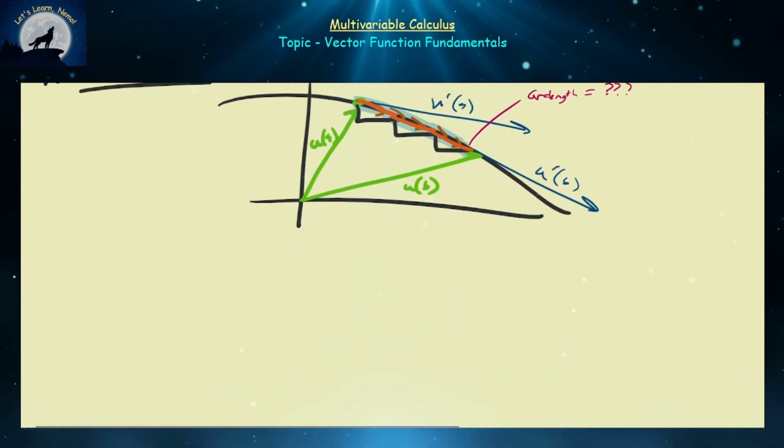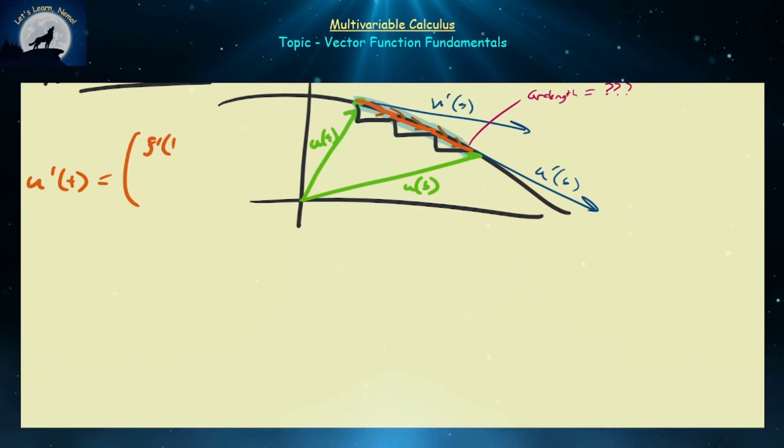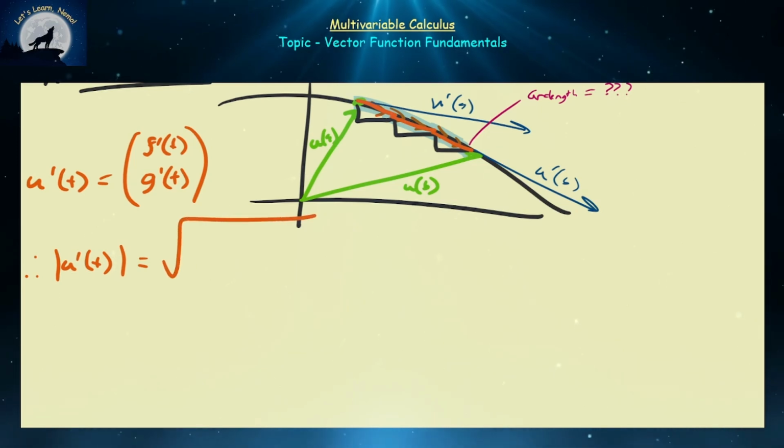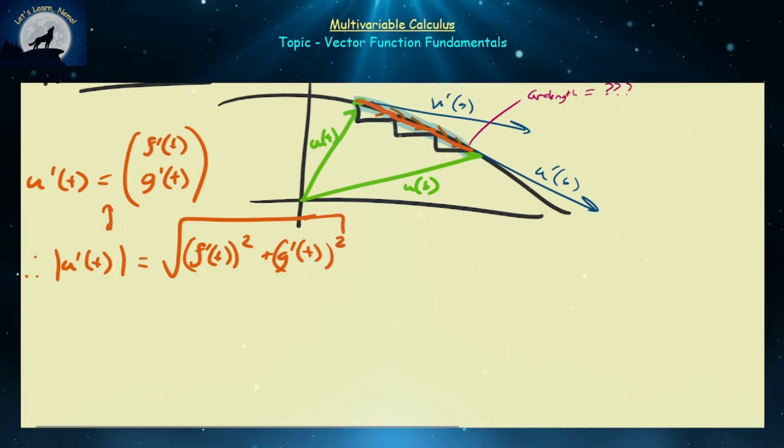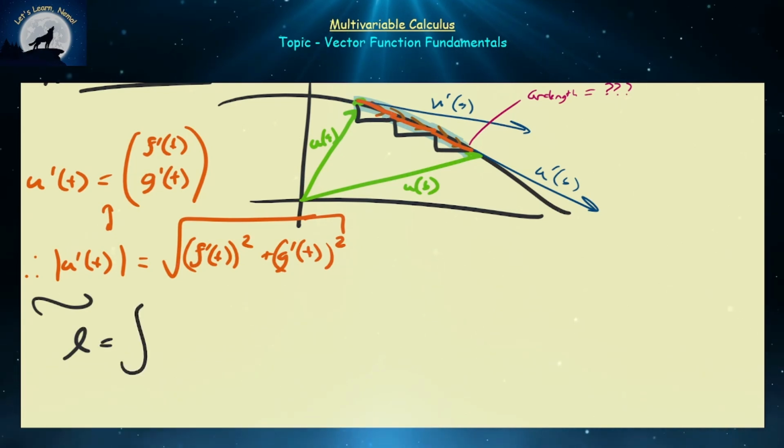For example, if u prime of t equals f prime of t, g prime of t, then the norm of u prime of t would be equal to the square root of f prime of t squared plus g prime of t squared. And from our geometrical perspective, the arc length L will be equal to the integral from a to b.